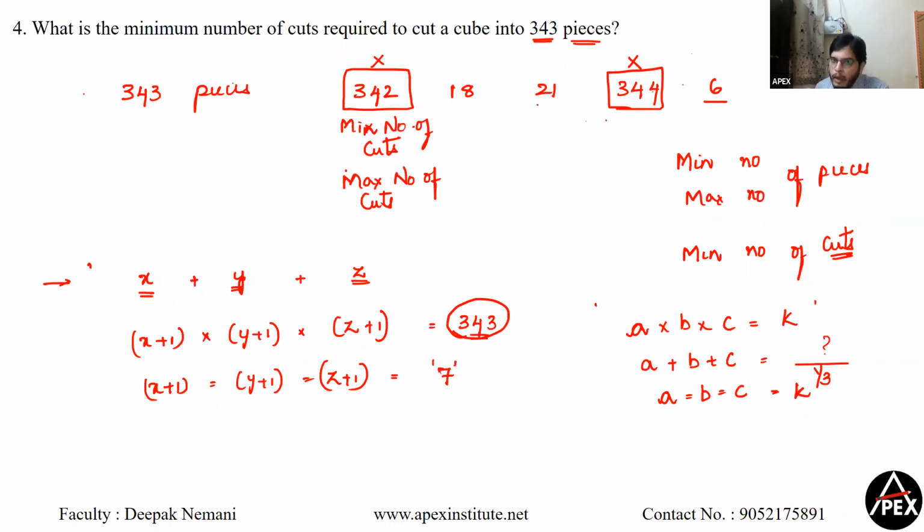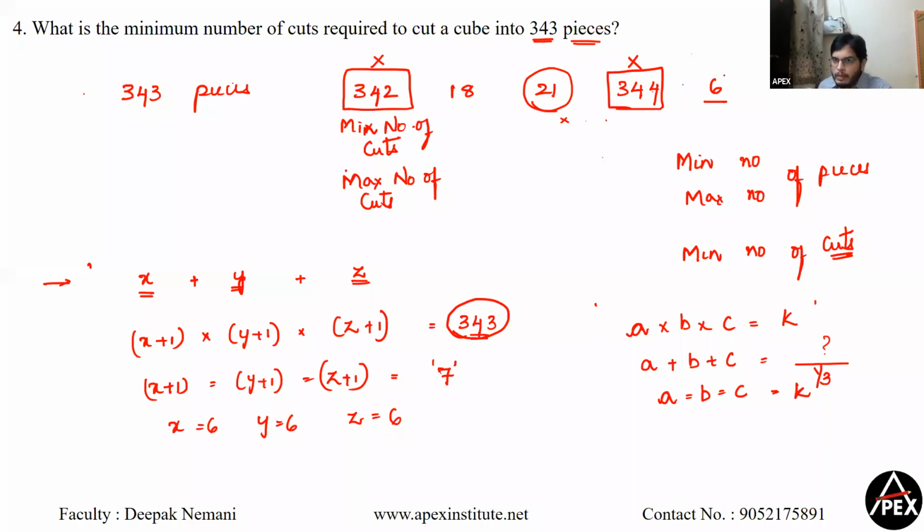So those who have answered me 21, they have added 7 plus 7 plus 7. You are correct till here, but your answer is wrong. Since x plus 1 is equal to y plus 1 is equal to z plus 1 is equal to 7, what is the value of x? 6. What is the value of y? 6. What is the value of z? 6.